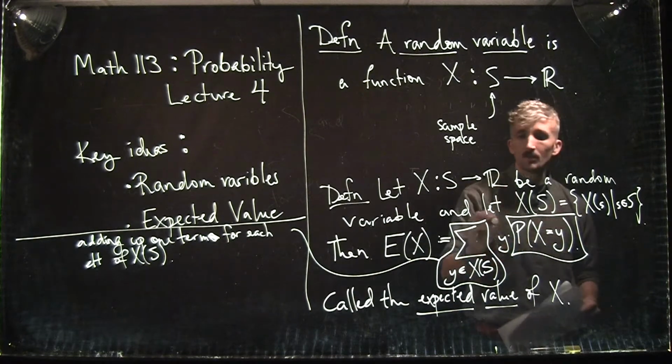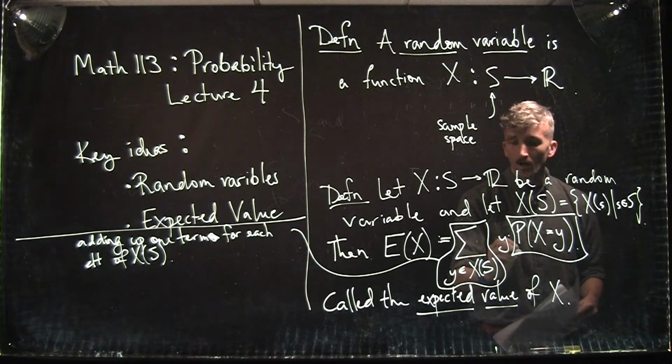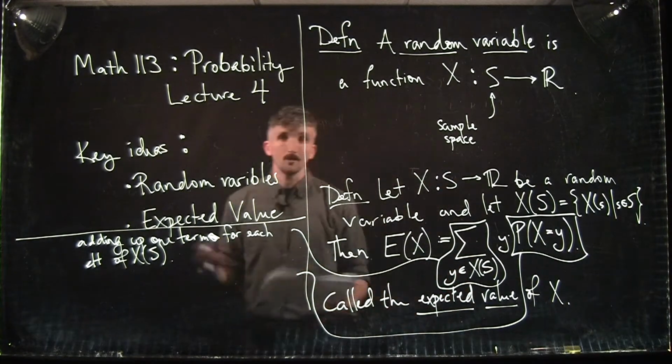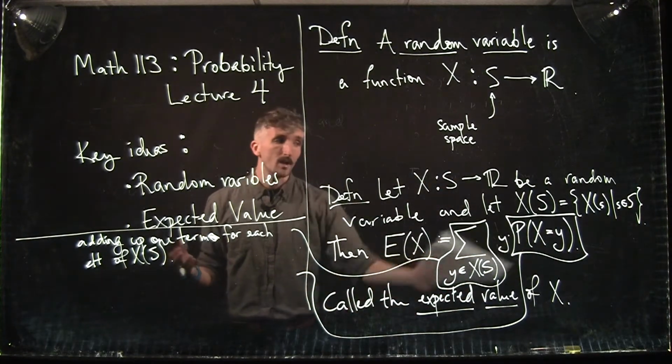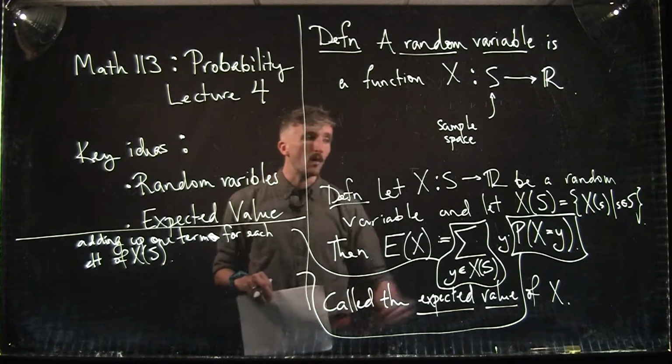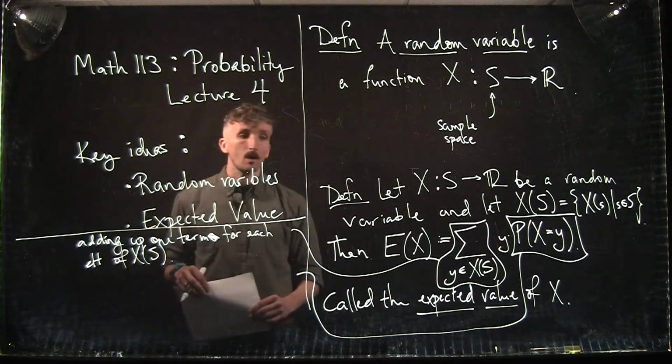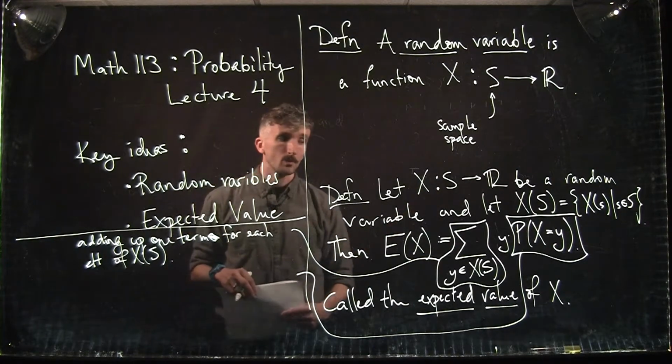So that notation is meant to be evocative, but it doesn't necessarily follow the conventions we've established for evaluating probability distributions. It must be the case that X equals y is shorthand for a subset of our sample space.